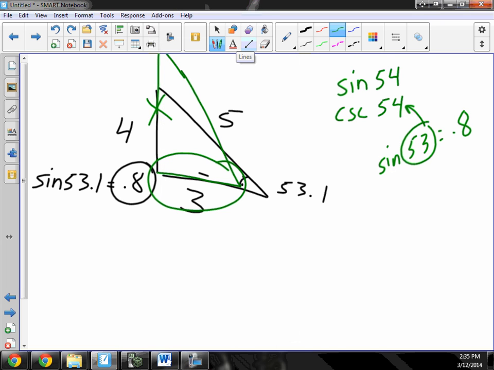So if the hypotenuse stays the same and the opposite side gets longer, what's going to happen to the cosecant? So cosecant is H over O. If O gets bigger and H stays the same, then the cosecant is going to get smaller. Let's try it.